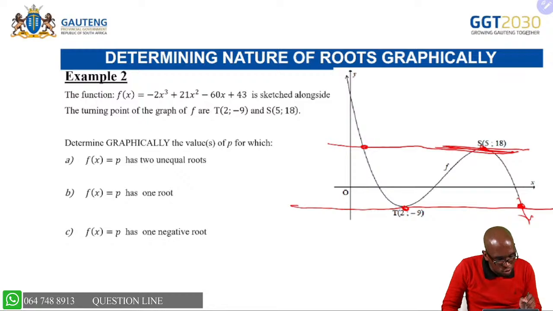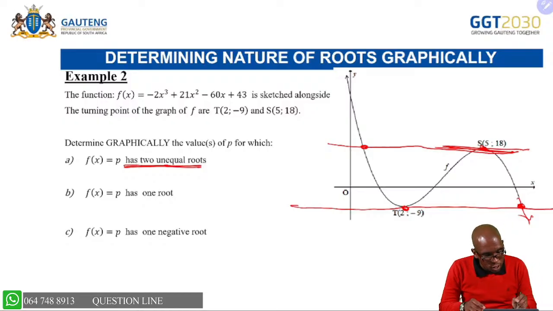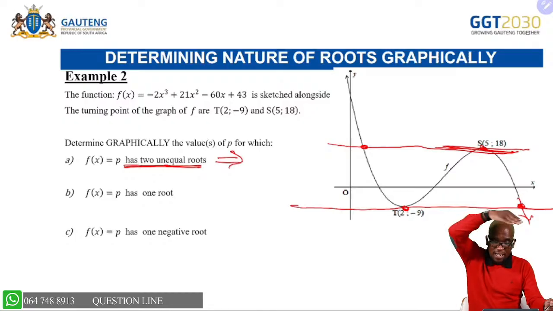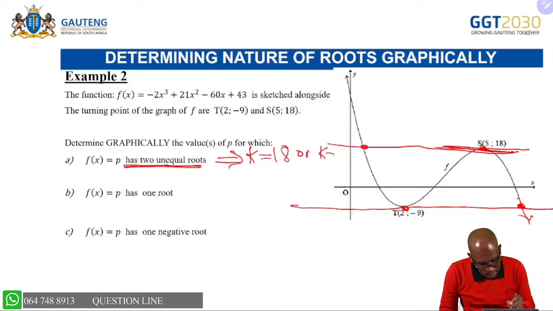So if they are looking for 2 unequal roots, you are looking at where the line touches the graph twice. Where does it touch the graph twice? When k is equal to 18 or k is equal to -9.